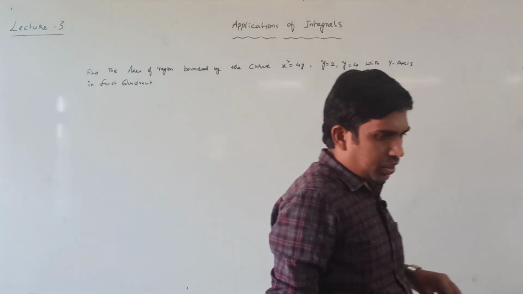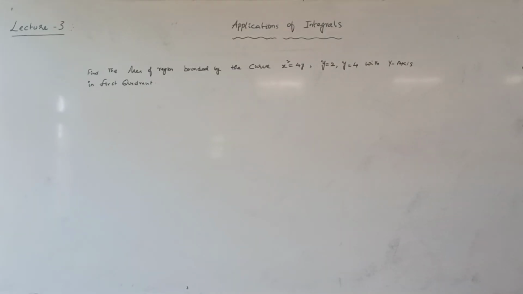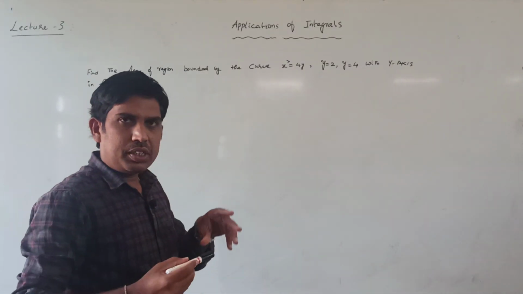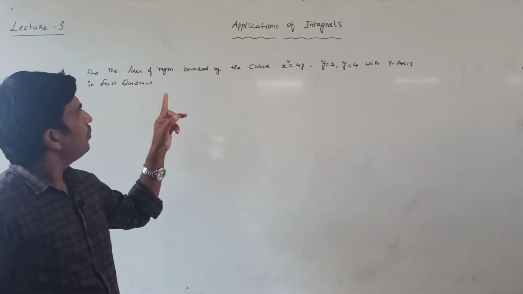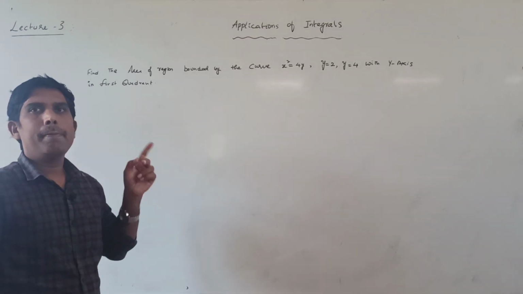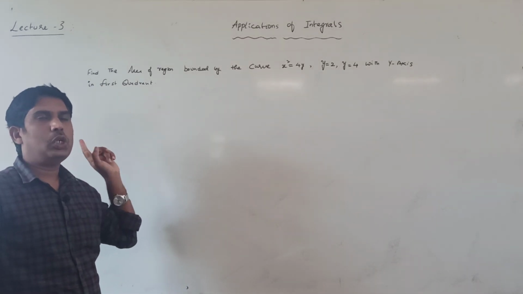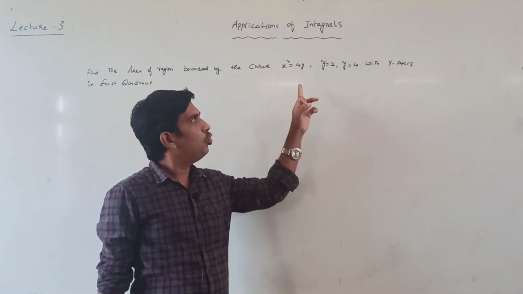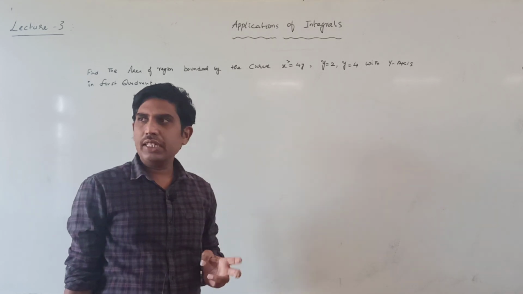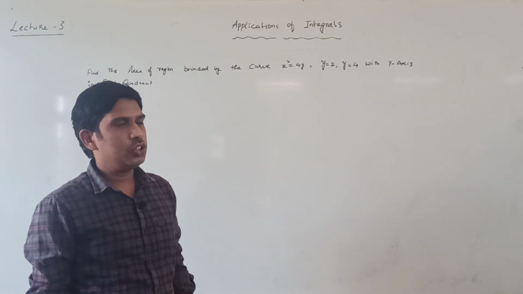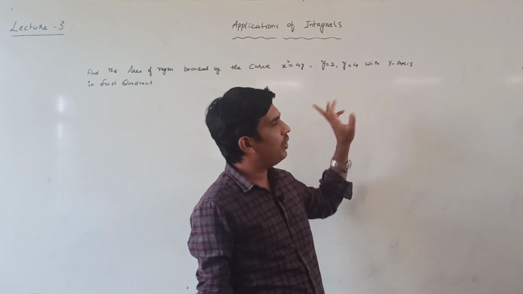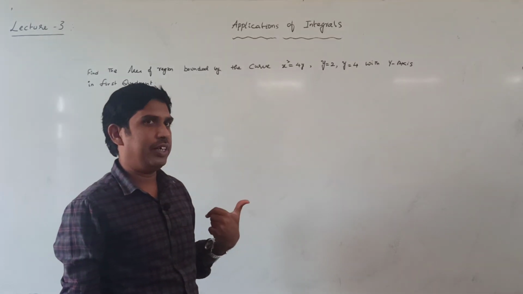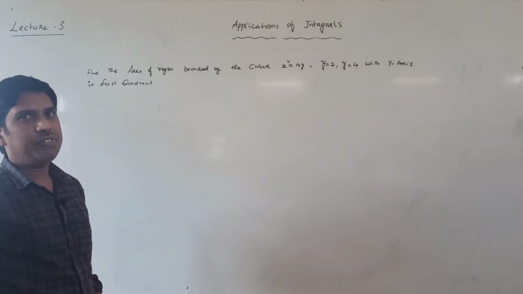See, the question means, find the area of the region bounded by the curve x square is equal to 4y and two line equations given, y is equal to 2, y is equal to 4. Next, given with y-axis. So the area bounded with the y-axis we have to find out, and they gave it in the first quadrant.